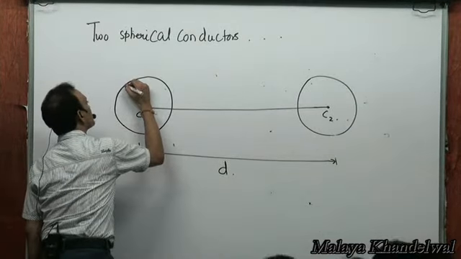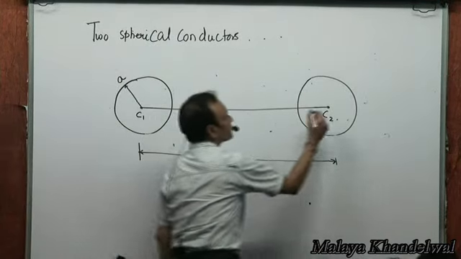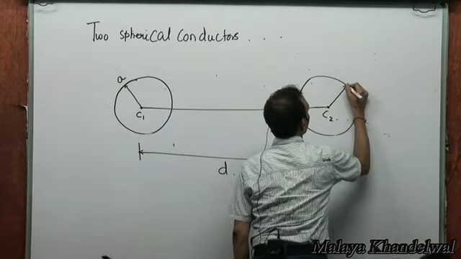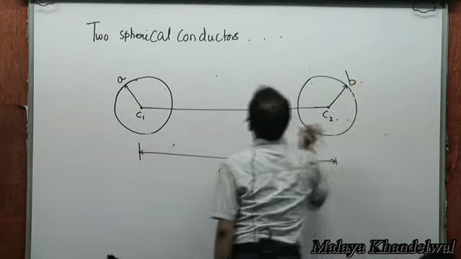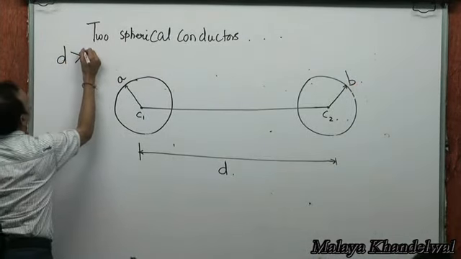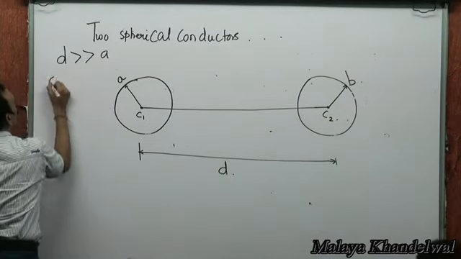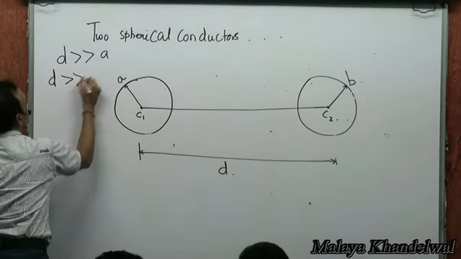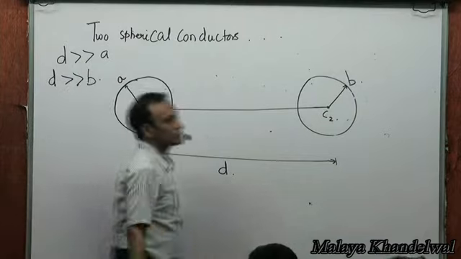One is of radius a, the other of radius b. We will eventually assume that d is much larger compared to a and b in our final calculations.